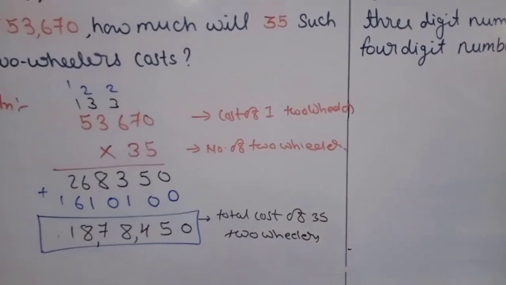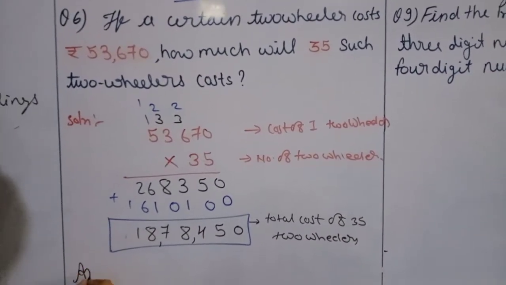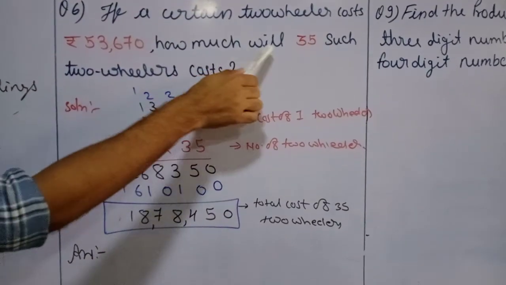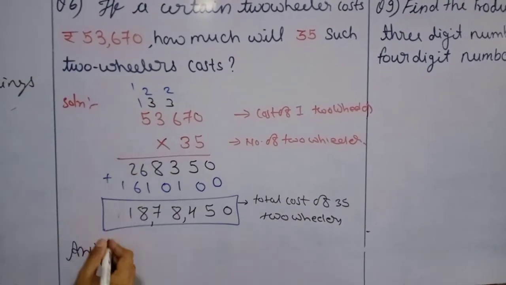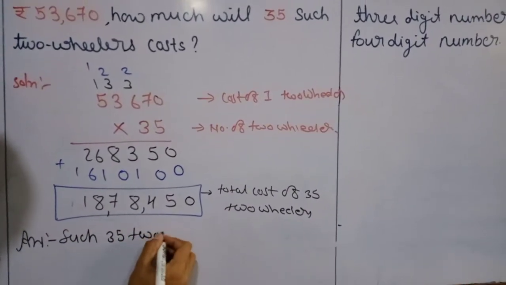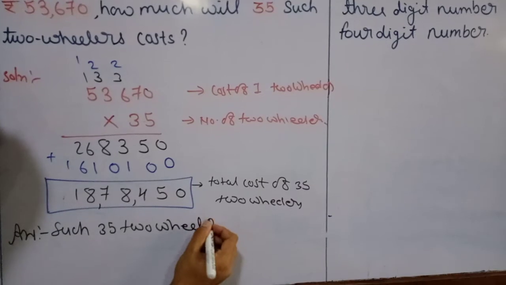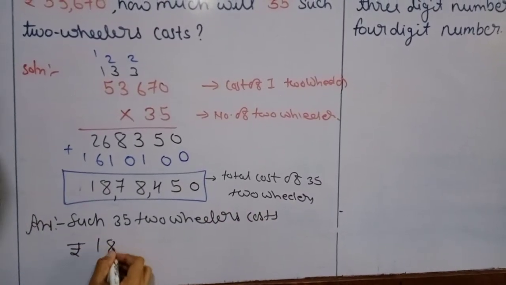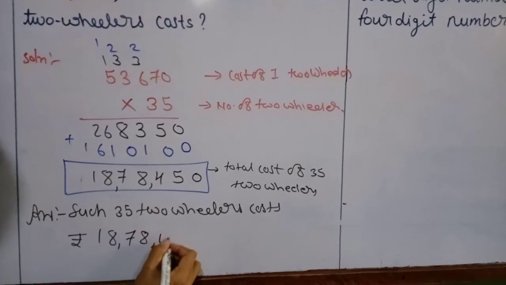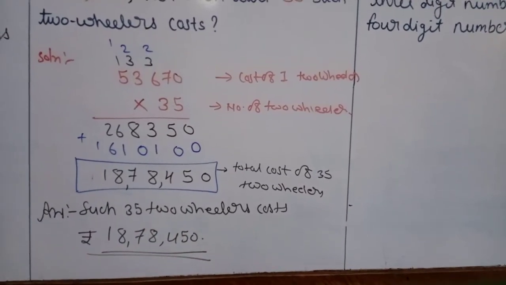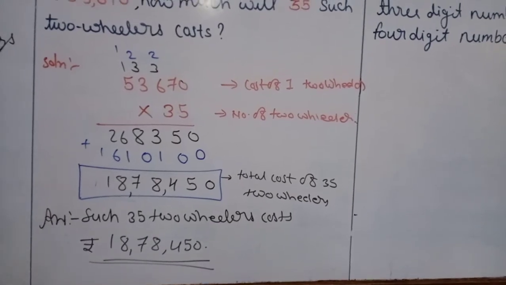So now we have to write the answer in the same form. They are asking how much will 35 such two-wheelers cost. So 35 such two-wheelers cost rupees 18,78,450. This way we have to conclude our answer.